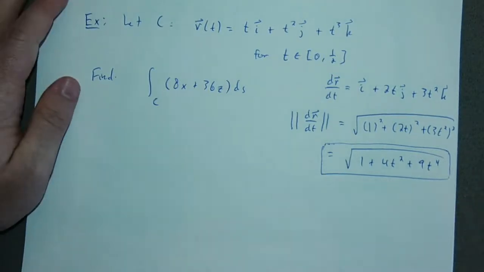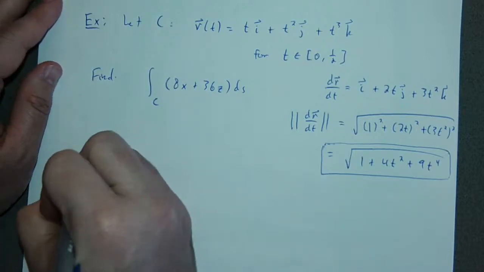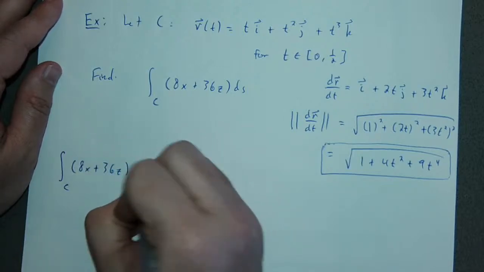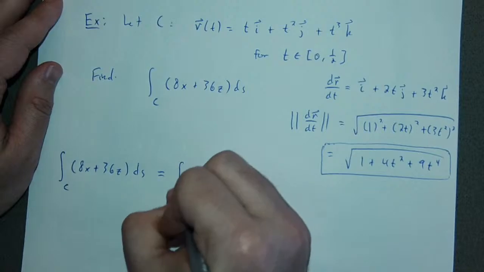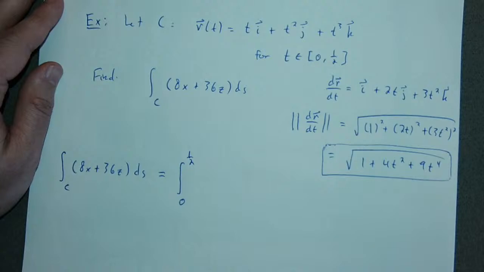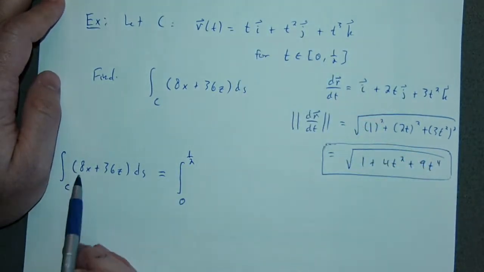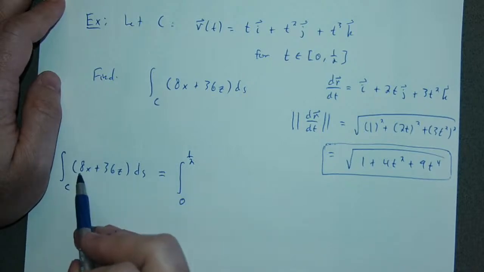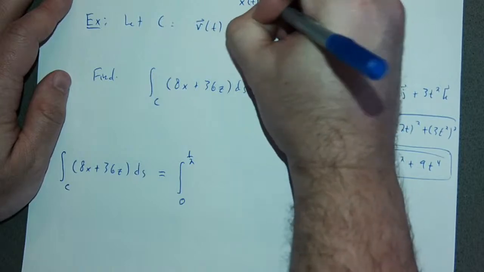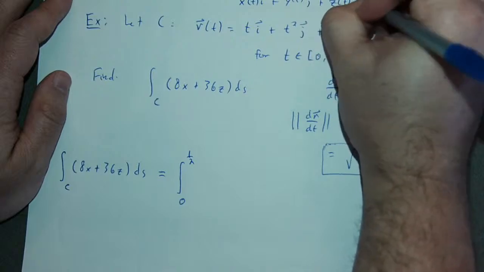Cool. So now we're ready to roll here. So the line integral along my curve C of 8x plus 36z ds is equal to the integral from 0 to 1/2 of, I'm now plugging in the parameterization here into this function. So this is 8 times x of t, right? And if we're viewing our parameterization as x of t i plus y of t j plus z of t k, right?